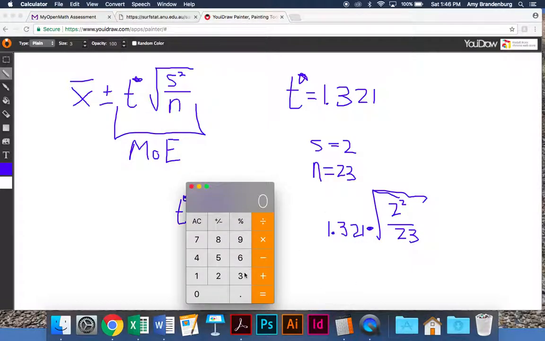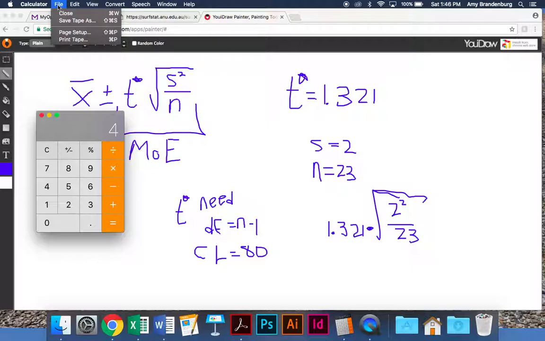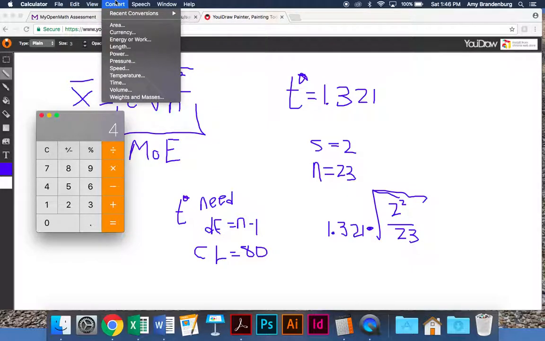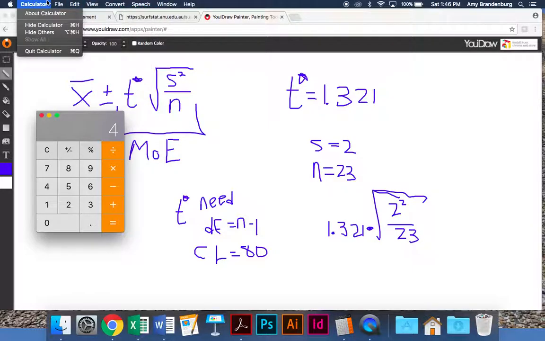In my calculator, 2 times 2. I can't do square roots on this one, of course I can't. Divided by 23.